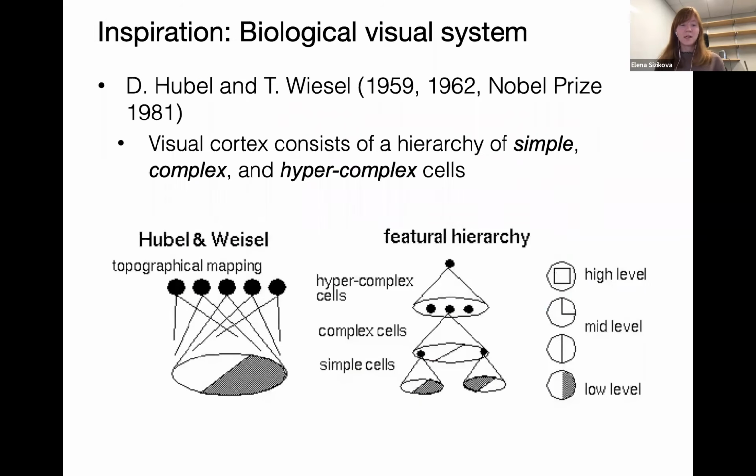Neural networks have, of course, lots of parallels to the biological visual system. The visual cortex, the part of the human brain that processes and explains images, consists of a hierarchy of cells.